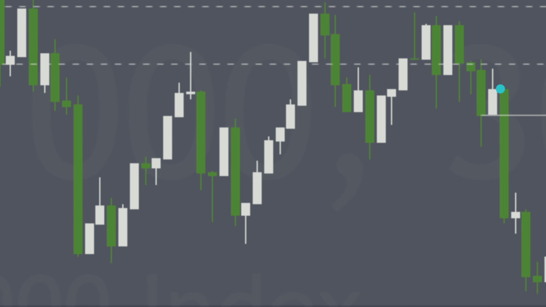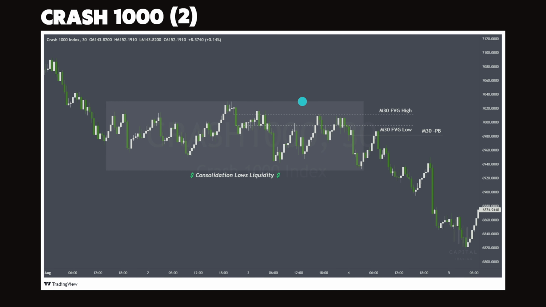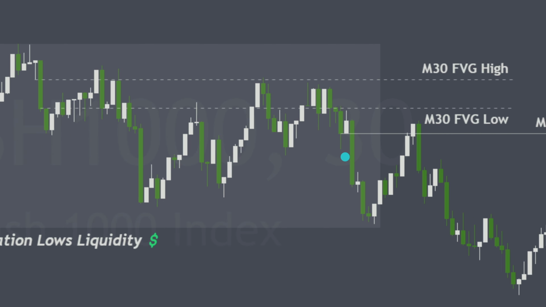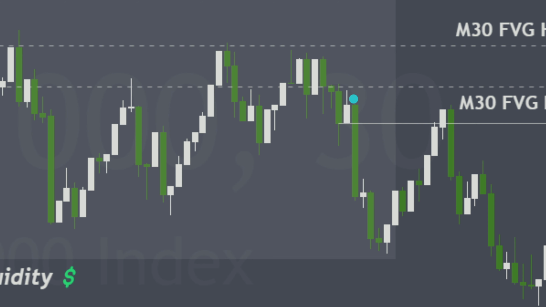And I identified this propulsion block up here. Basically, a propulsion block is a candle that has tested an order block, but now it's no longer an order block. It does look like an order block, but this time around it's a propulsion block.